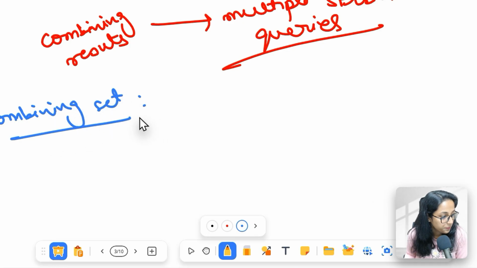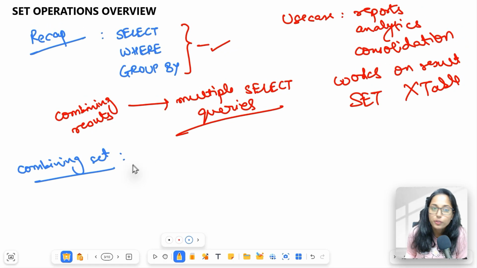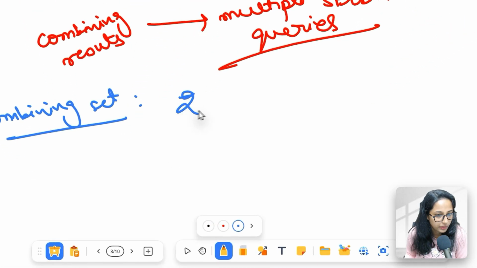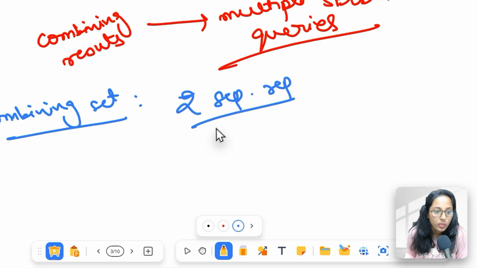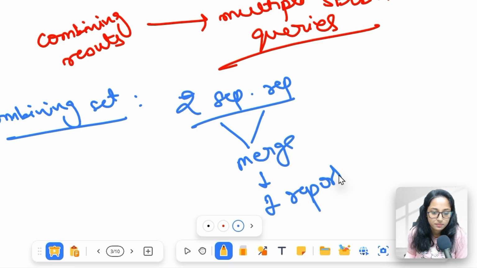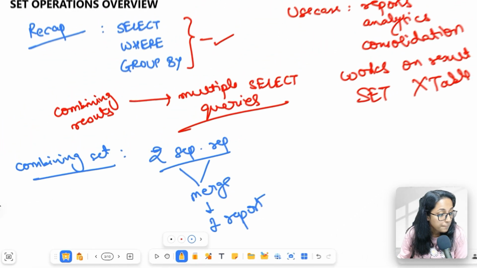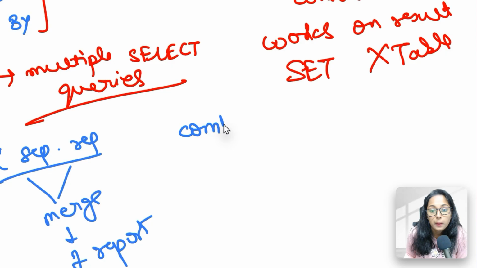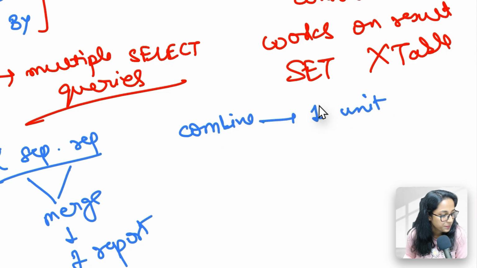Let's see a problem. Orders come from an online or physical store system. Without union, we can have two separate reports, and then we can merge those into one report. But with union, we can combine those as one unit directly.